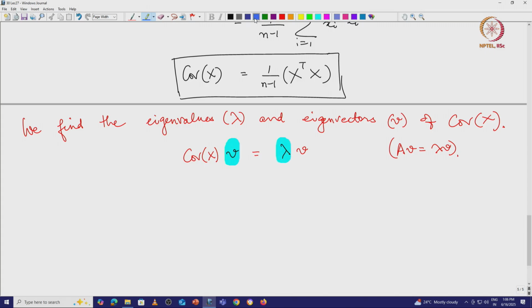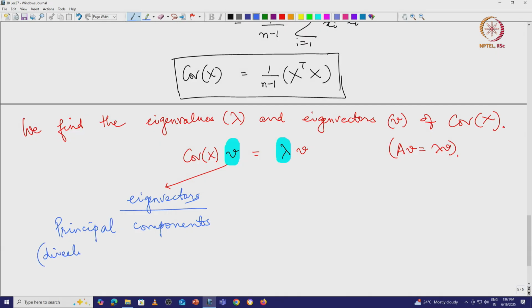These are extremely useful because the eigenvectors are essentially the principal components, which is basically the direction of maximum variance.